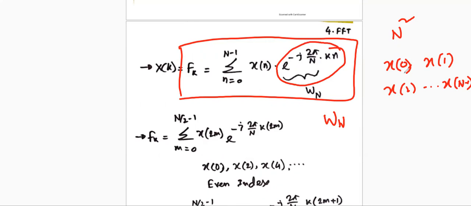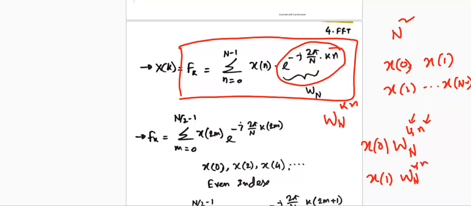Because for all the numbers, you need to multiply the Wn, the coefficient e to the power minus j twice pi by N into kn. So for x0, it should be multiplied with Wn to the power kn. You need to put the value of k and n, of course, but you need to multiply that. So this is one multiplication. For x1, again k and n, second multiplication. In that way, how many multiplications do you need? You need N squared multiplications if you have N samples.